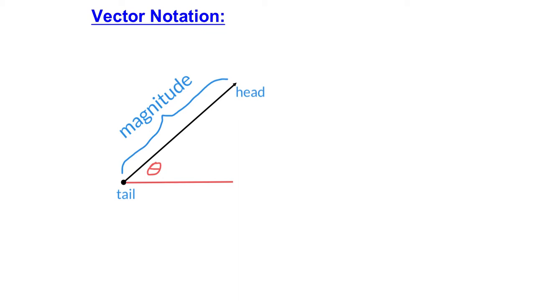Now, if we're representing a vector algebraically, we need a symbol for it. It's kind of like a variable. You have a letter. I'll just use U. Usually that's what people use for a vector. But it has a little arrow on top. So you might see it with a full arrow or a half arrowhead, kind of like a harpoon.